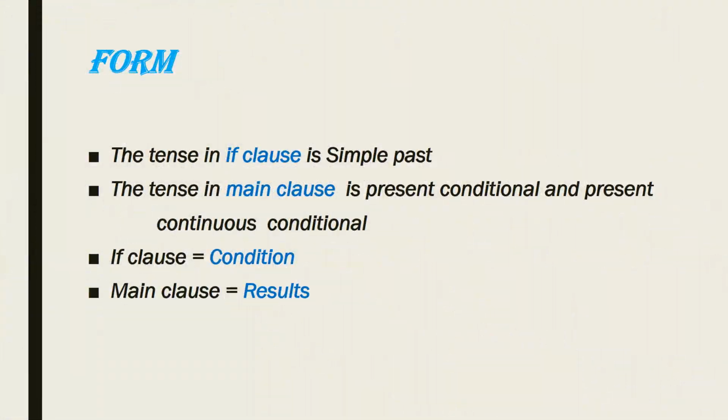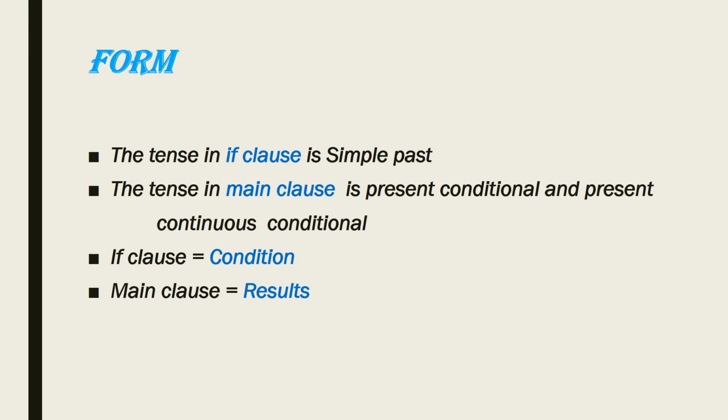Okay, forms. We will talk about the time used in this type 2. In a type 2 conditional sentence, the tense in the if clause is simple past, as you saw in the structural formula, and the tense in the main clause is present conditional, or you can say present infinitive, and present continuous conditional, or you can say present continuous infinitive.